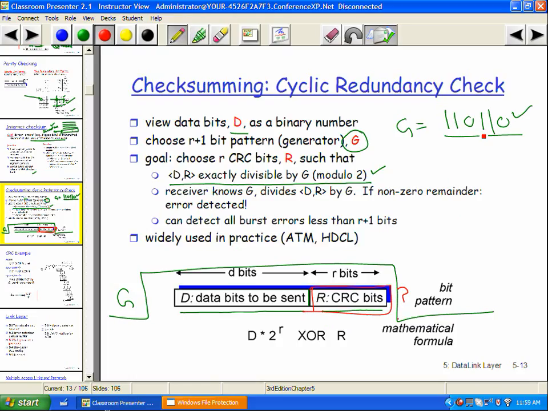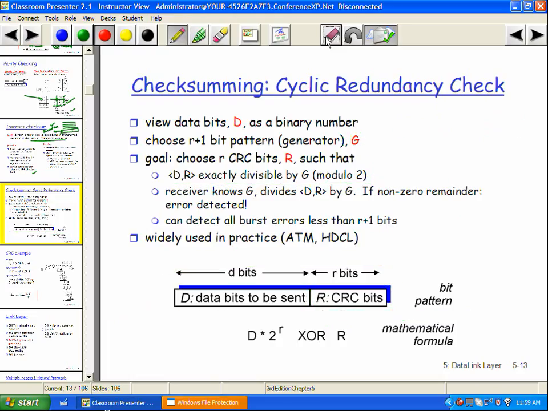Okay. So first of all, let's try to find a mathematical way of expressing this. Okay. So what is D times 2 to the power R? Here R is the number of bits in the CRC. So multiplying something by 2 to the power R is same as doing what to that number?